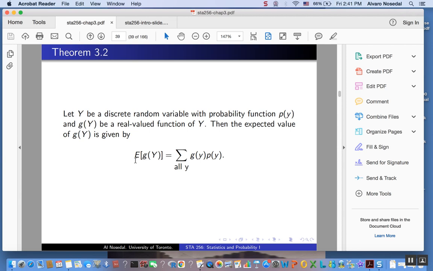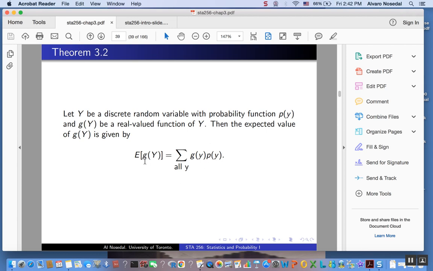In summary, what this theorem is telling us is that the expected value of a transformation of a function of the random variable y can be found from the probability distribution. And if we are talking about a discrete random variable, this is also known as the probability mass function.